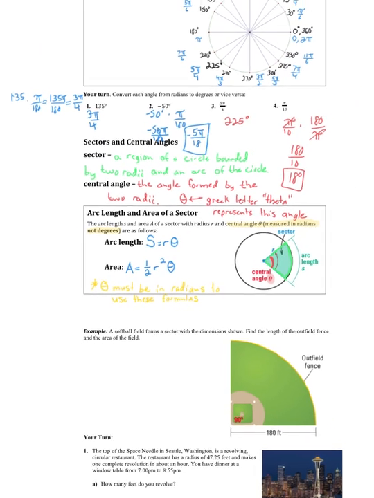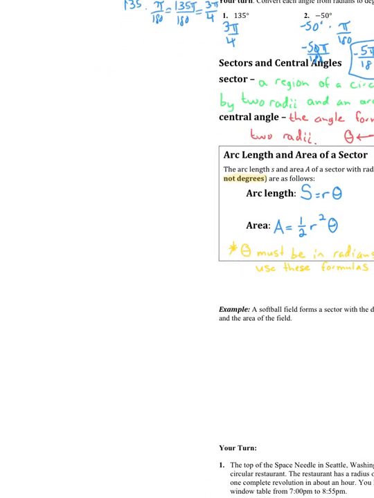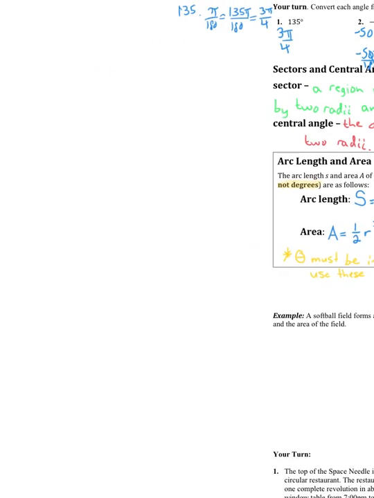All right, but what I would recommend is thinking about an actual circle instead. Anyone remember the formula for the area of a circle? A equals pi r squared.